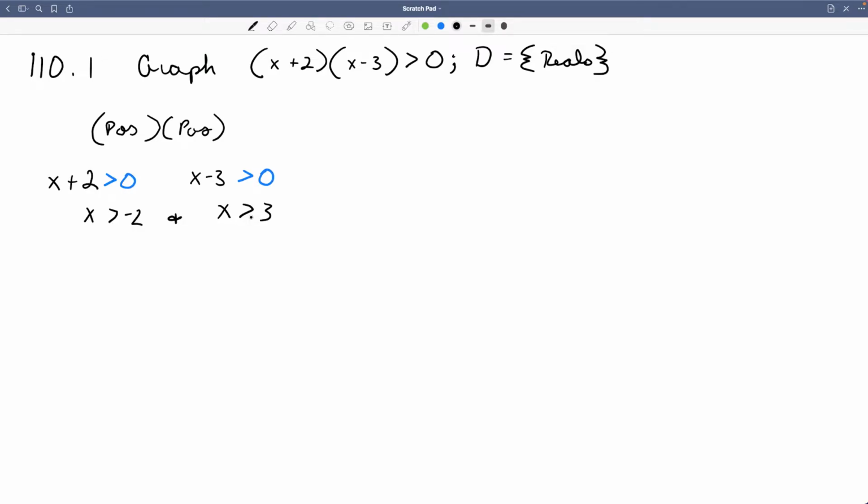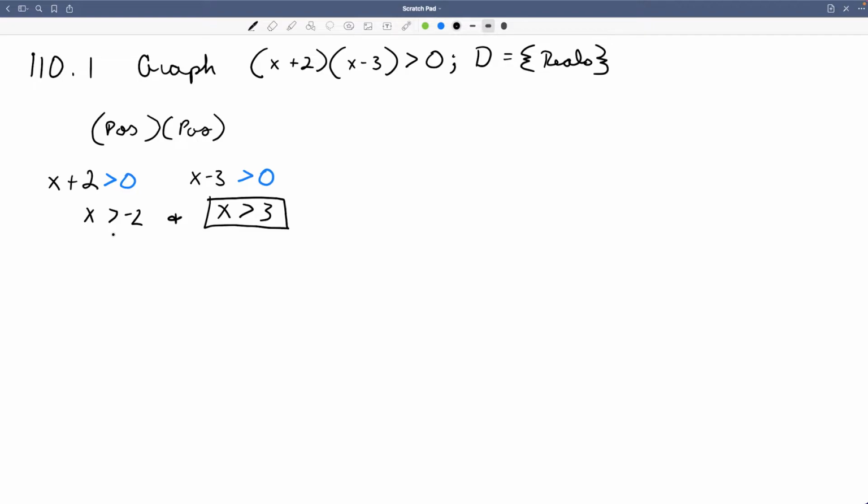Is positive 1 greater than 3? No, it's not. But if it is a positive 4, then this statement is true as well. So we have to use this statement for both of these to be true, right? If it just is true for this one, then it does not include both conditions. So we have to go with this one to make both of these correct.